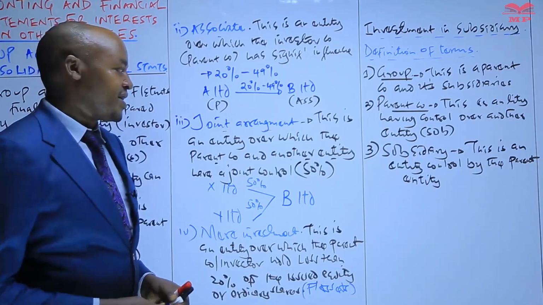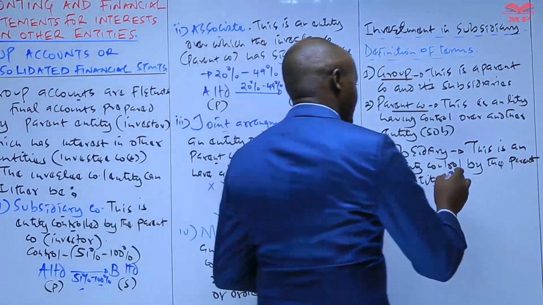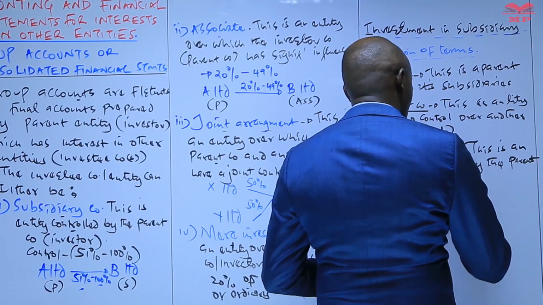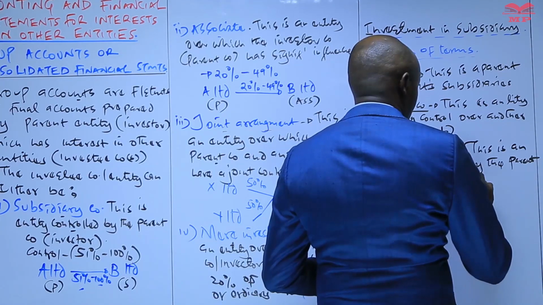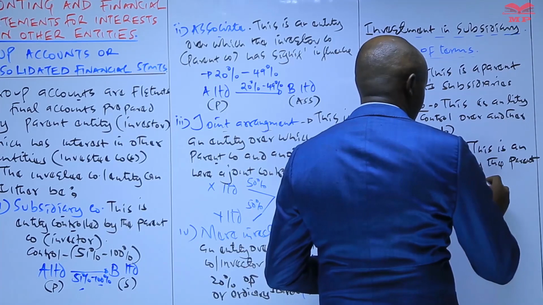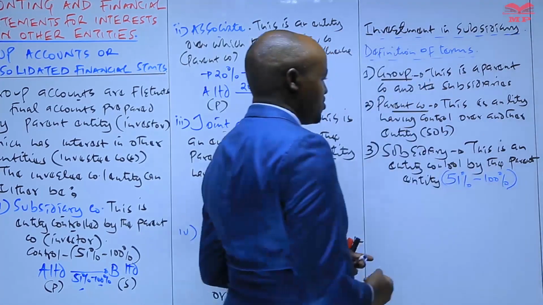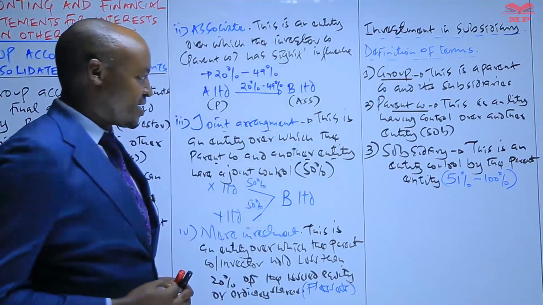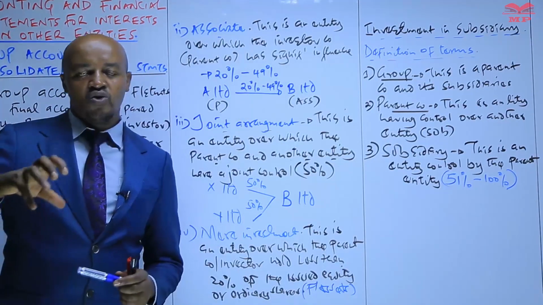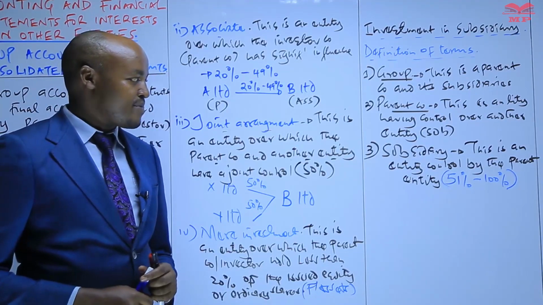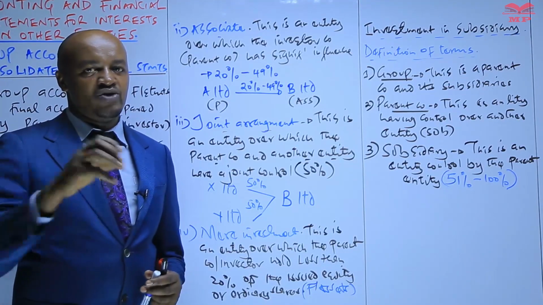whereby the parent company holds or has acquired shares which lie between 51% to 100%. 100 what? Percent. Meaning that the parent company is in a position to control the composition of the board of directors of the subsidiary company by appointing the majority of the directors.